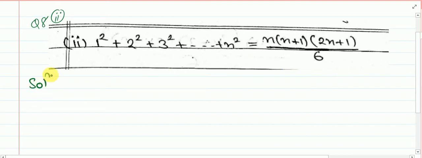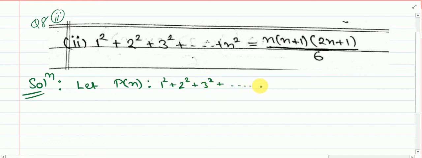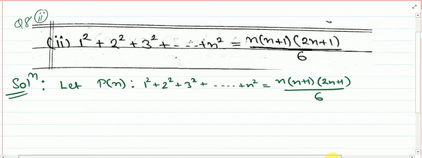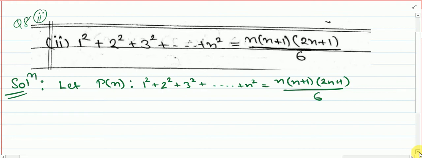So solution, first thing, let Pn: 1 square plus 2 square plus 3 square plus dash dash dash plus n square is equal to n plus 1 in bracket, then 2n plus 1 in bracket, upon 6. So we have to show that this statement is true for every natural number.